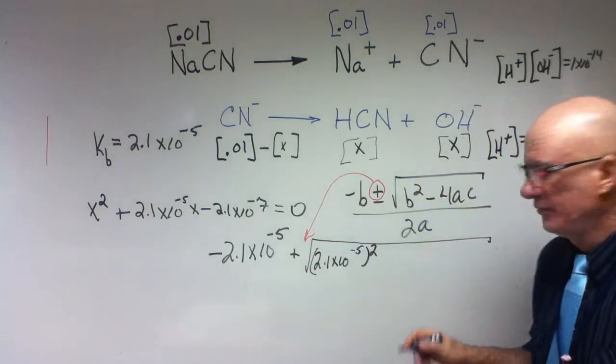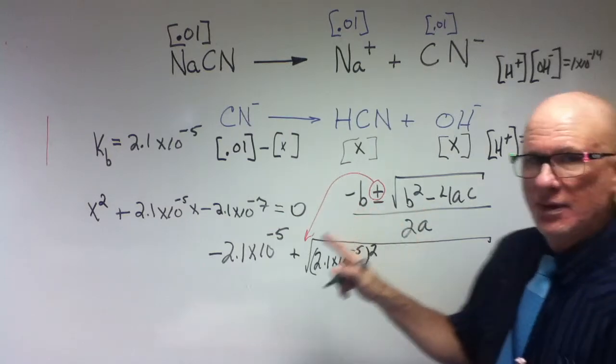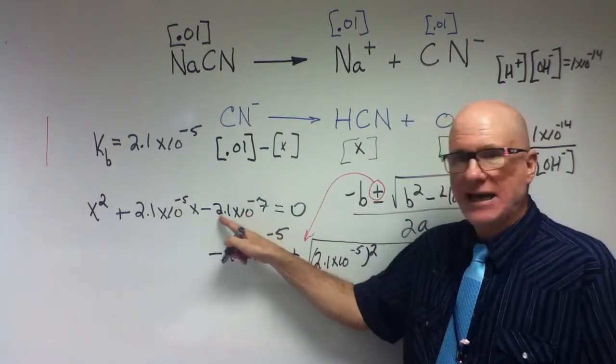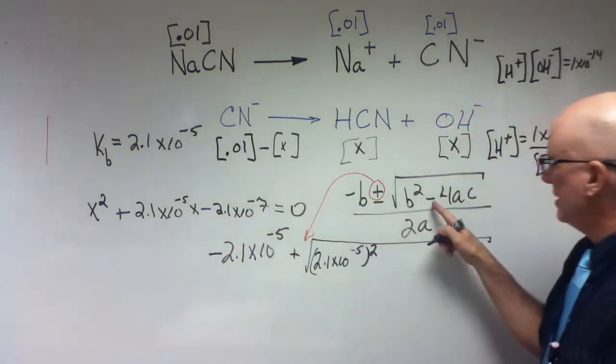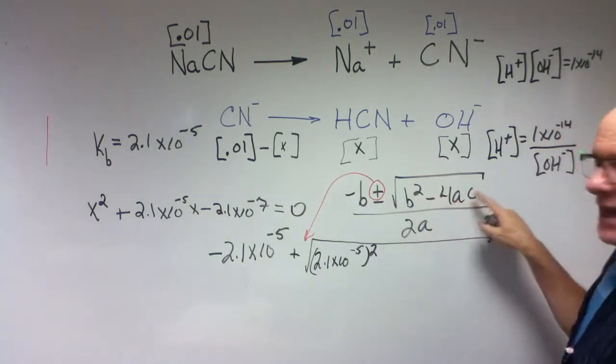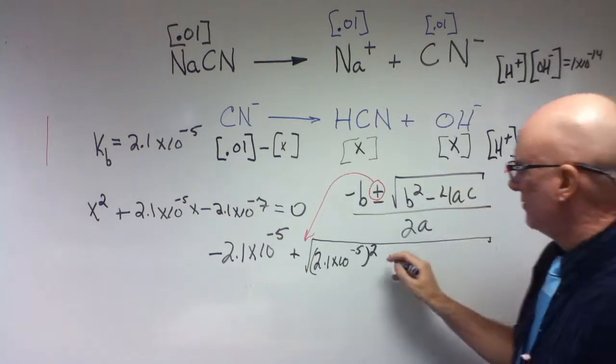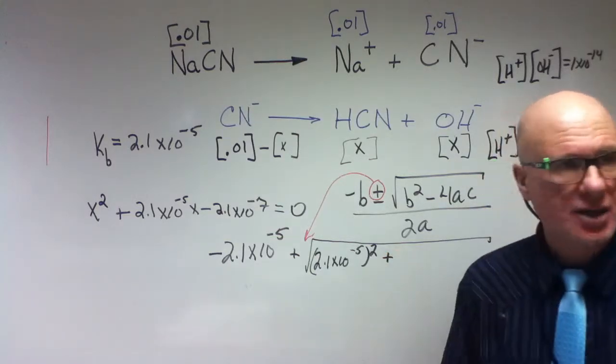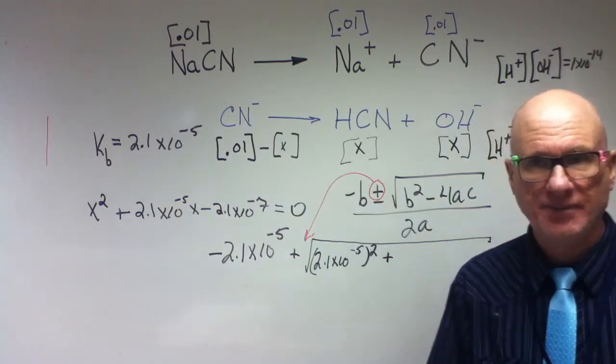Is that right? Now, this c is negative, correct? So that product there is going to be negative, right? Negative and negative is positive. So therefore the discriminant is going to stay positive, definitely, right?